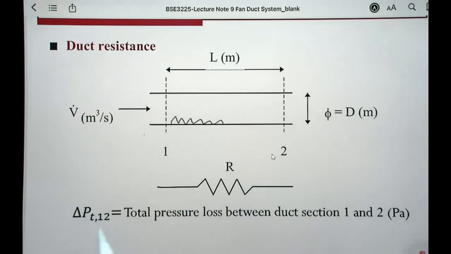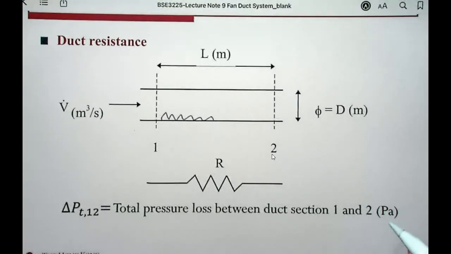First you need to indicate that this is a total pressure, not a dynamic pressure or velocity pressure, and then mark the sections that the air travels between. The unit of this total pressure loss is Pascal.